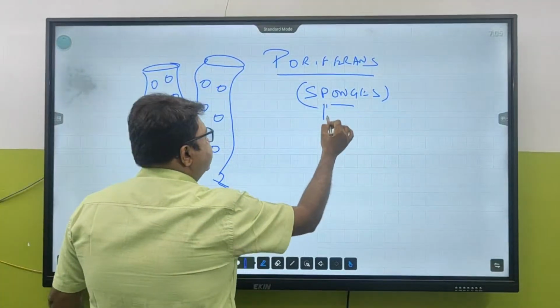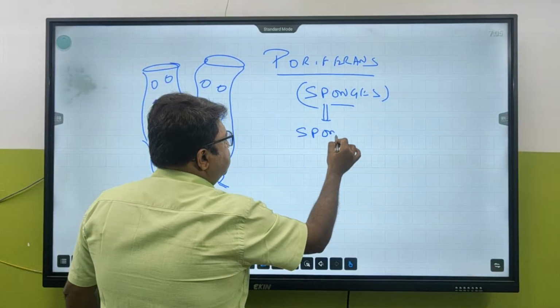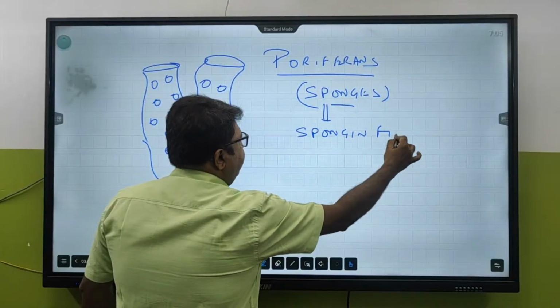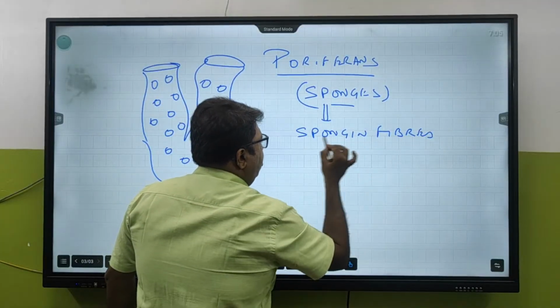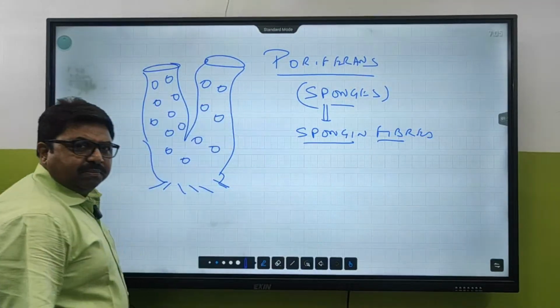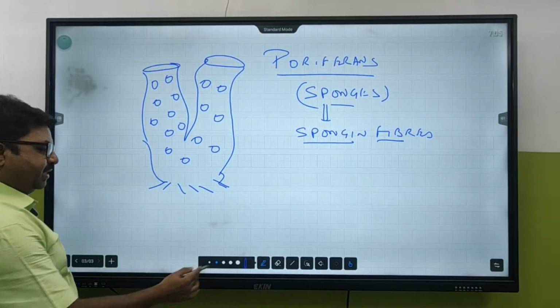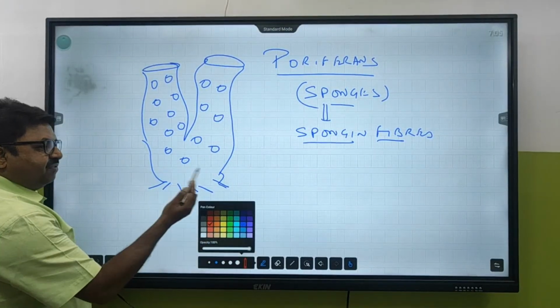From sponges, you get one term, which is spongin fibers. So the body has spongin fibers, which make it flexible.